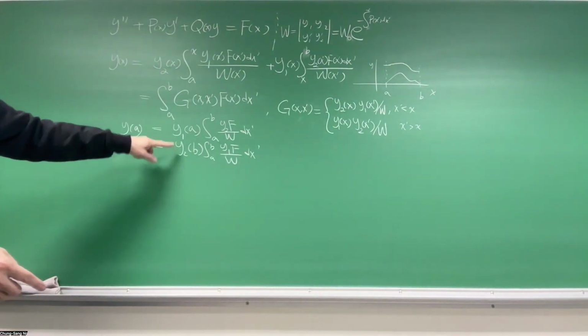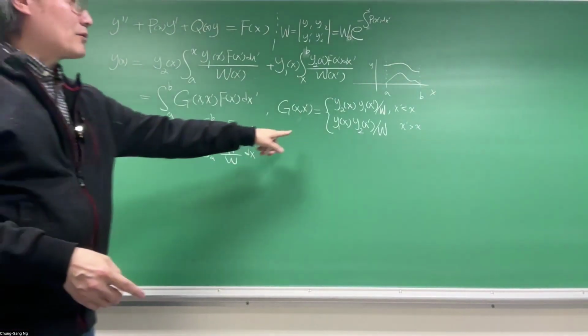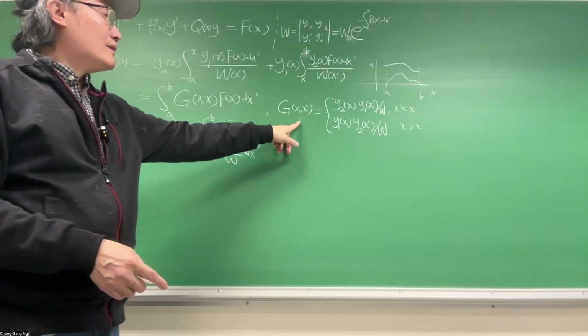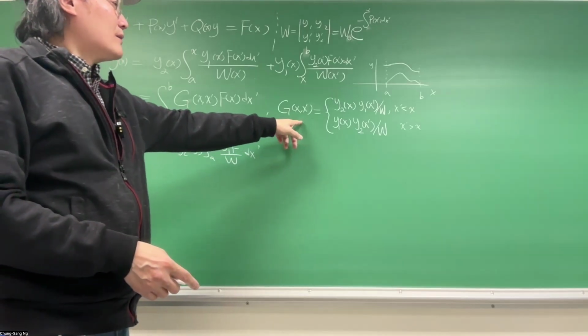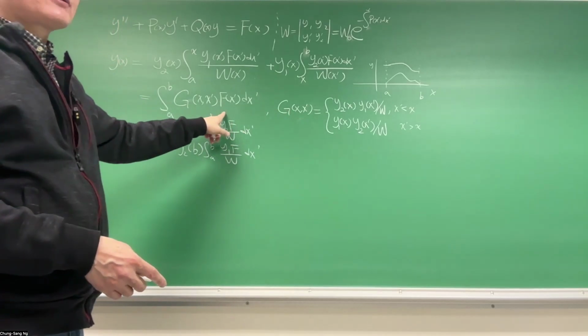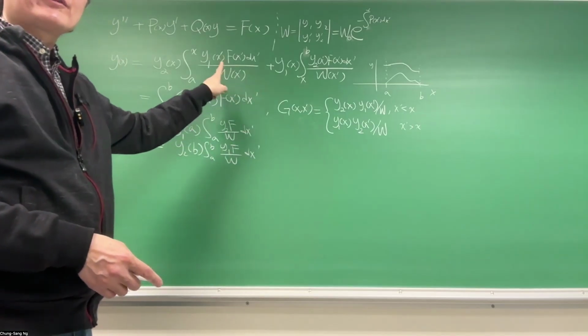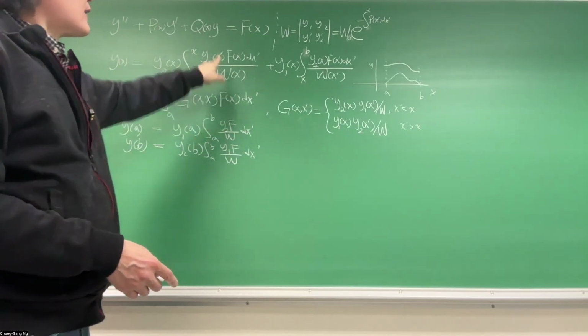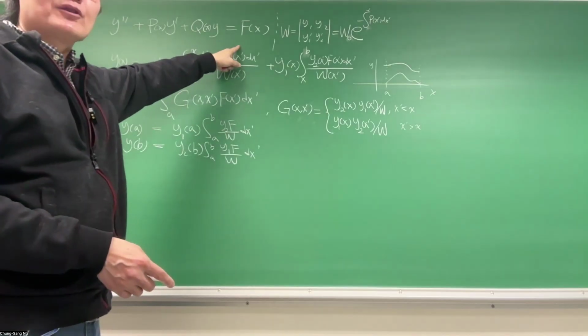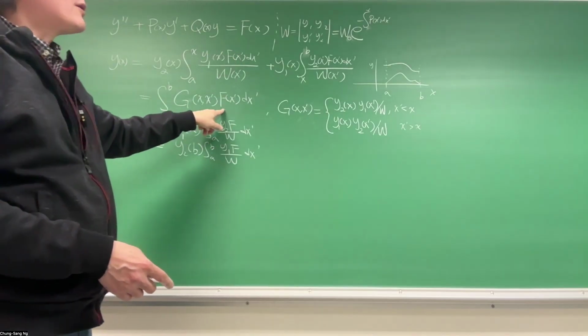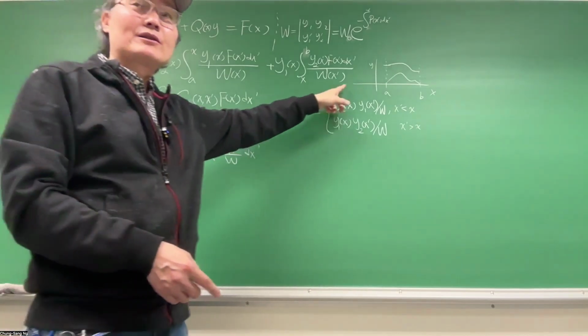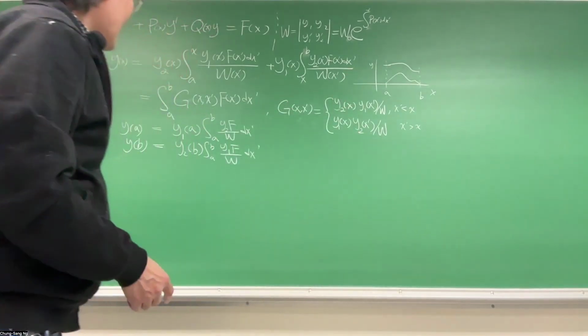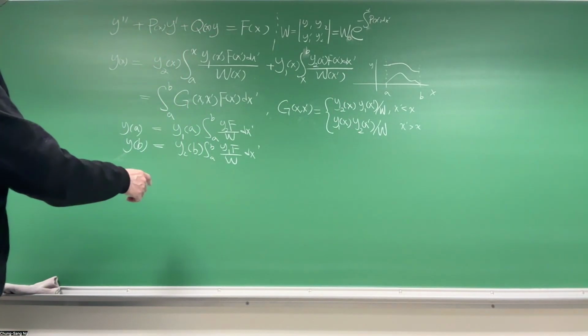And you use these y1 and y2 to construct your Green function. And then this formula automatically satisfies the Dirichlet boundary condition at both ends. And it doesn't depend on f now. Whatever f you use, you substitute it here, you still satisfy the same boundary condition, right? So that's for the Dirichlet boundary condition.